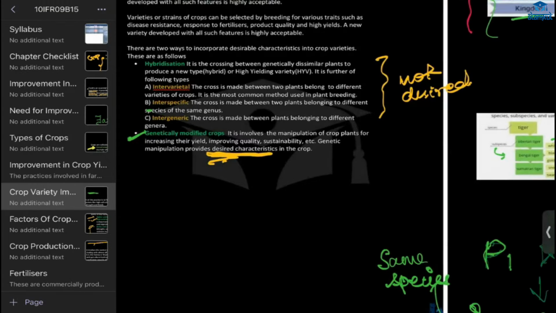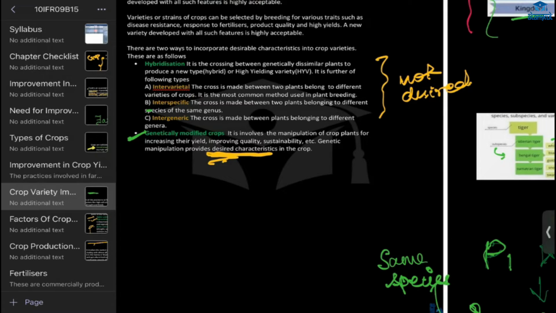So if we can do genetic modification in crops, can we do it in humans and animals too? Yeah, now they are doing genetic modification with the mouse. It is not approved for humans, as the majority of people are thinking, because of animal testing.